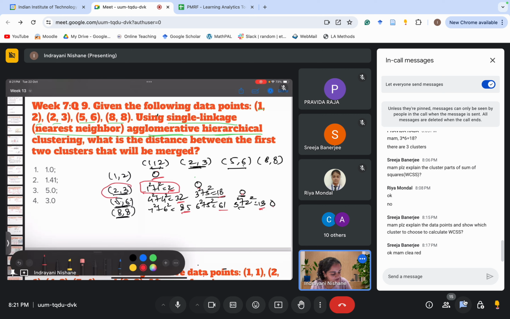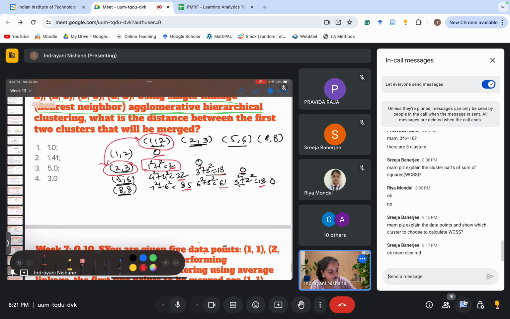That means this particular point can be merged with this cluster center. So these 2 points will be merged and a new centroid will be computed. How will we compute the new centroid? 2 plus 1 divided by 2, which is 3 divided by 2, comma 2 plus 3 divided by 2, which is 5 divided by 2. So 1.5, 2.5 is the new cluster.